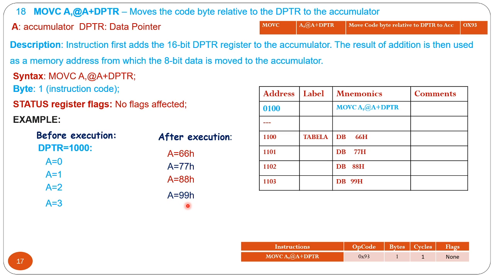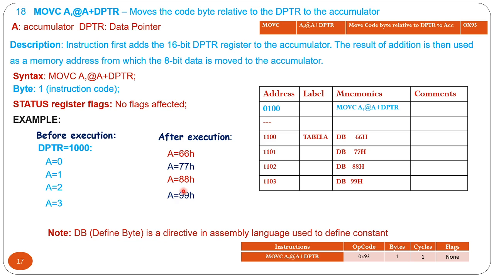So in this way, the content of accumulator changes from 66, 77, 88 and 99H. This is used mostly in lookup tables. Note that DB, defined byte, is a directive in assembly language used to define a constant.